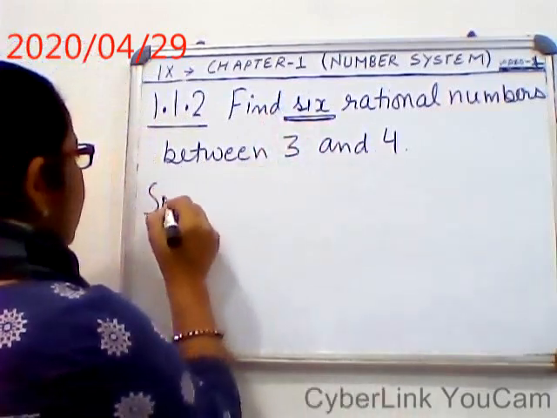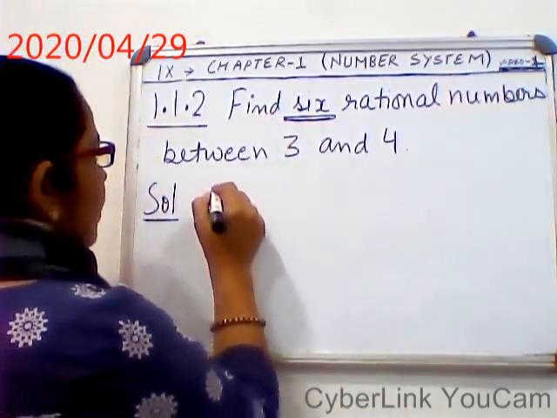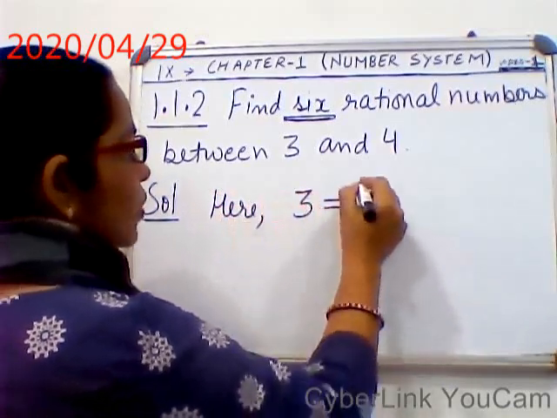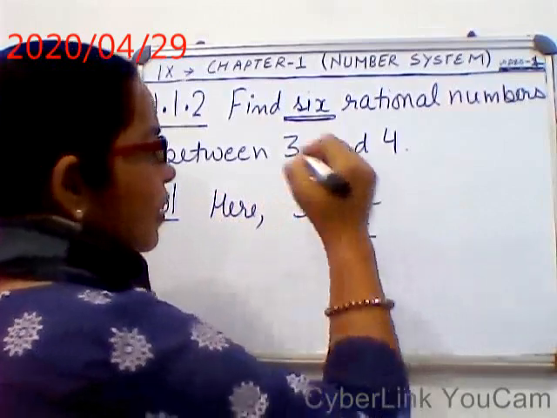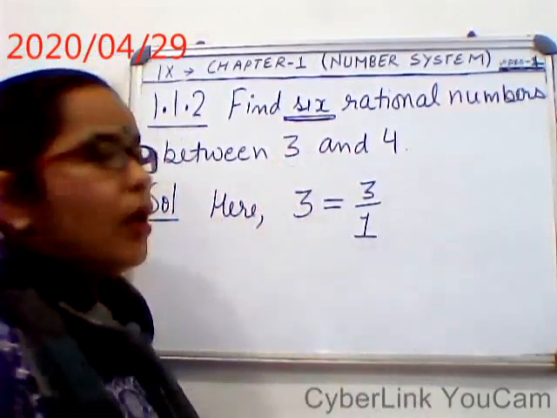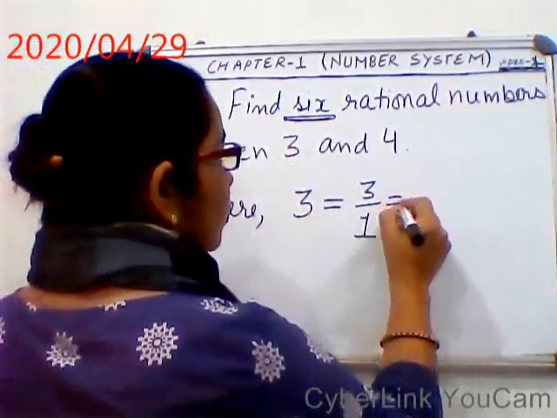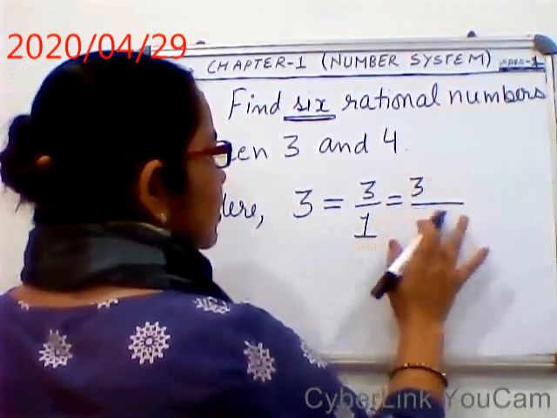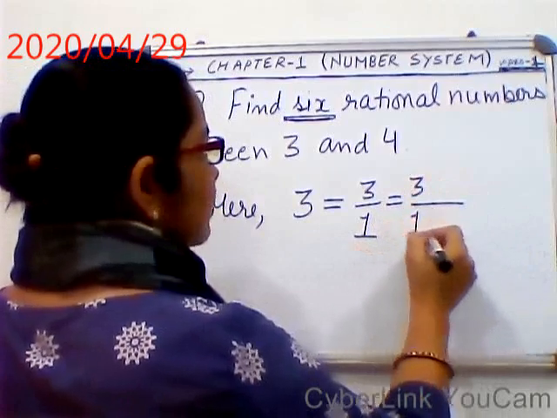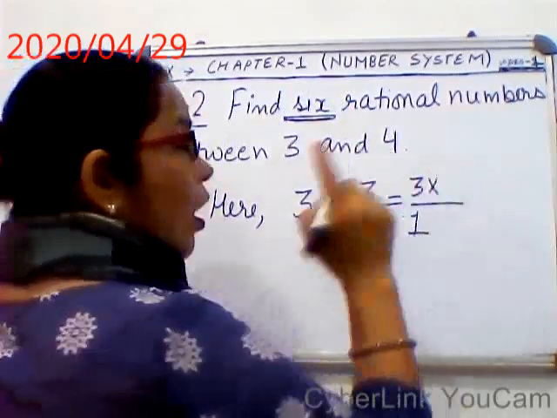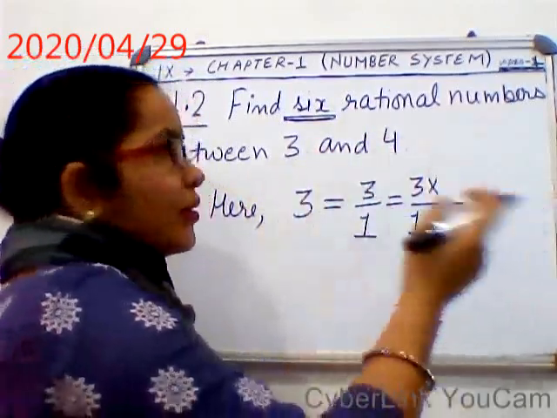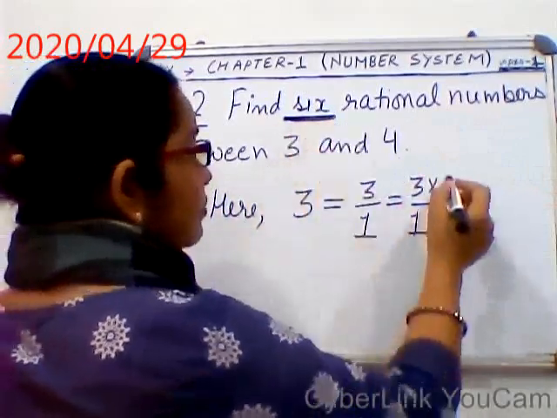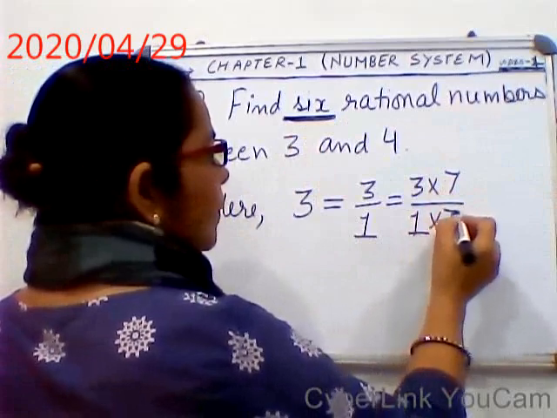Now the solution: here 3 is equal to, we can write it in P by Q form as 3 by 1. And we can also find an equivalent rational number by multiplying by a number at least one greater than 6. If we have to find 6 rational numbers, then we have to multiply by 7.